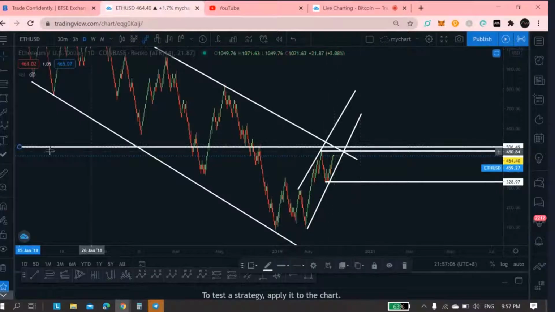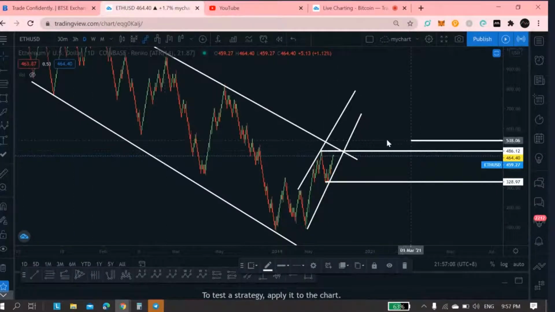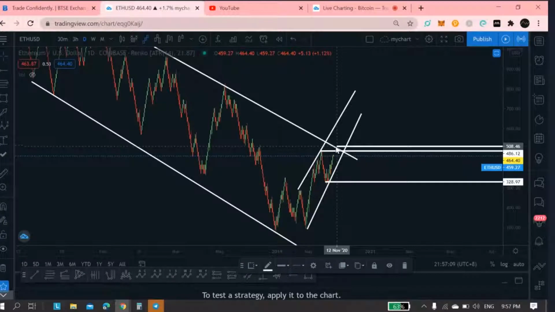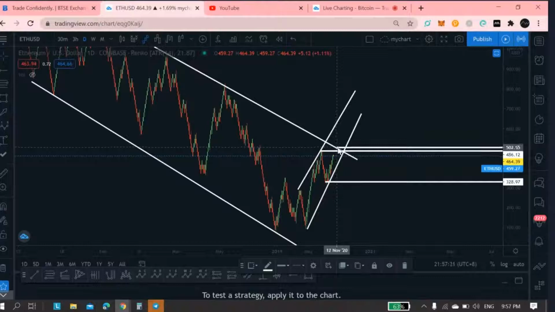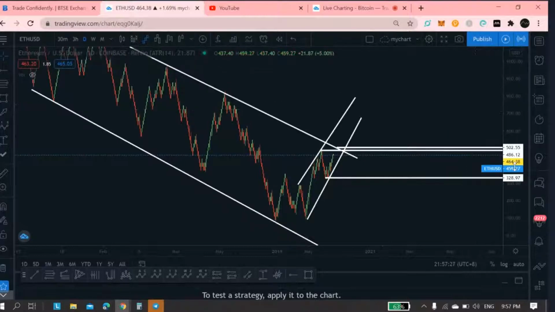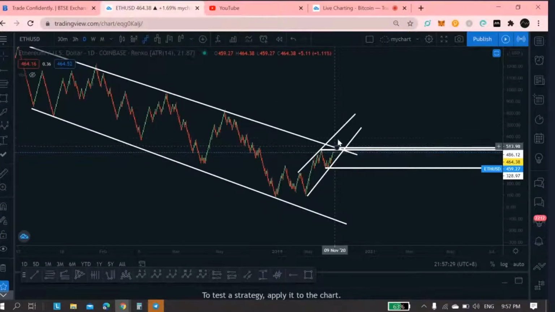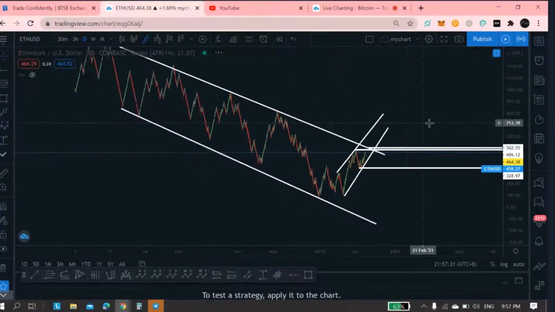Possibly it's actually more than 500, but I just use the 500 area as my second TP in my own long position. And it could possibly break the long-term downtrend, which is of course more bullish.